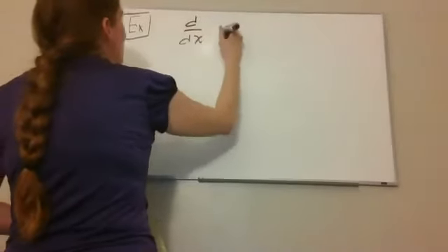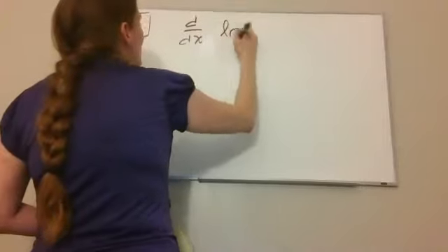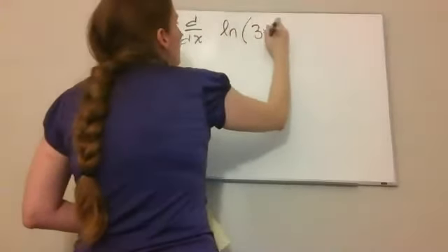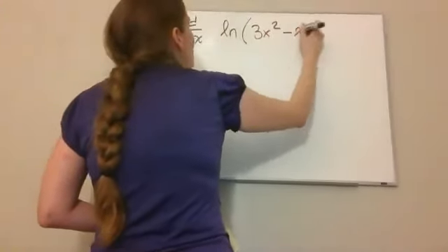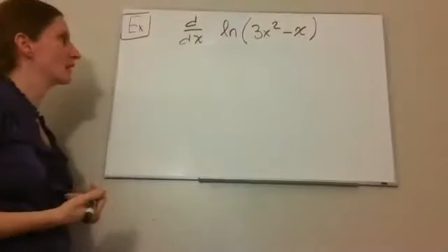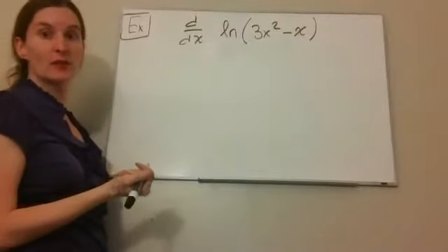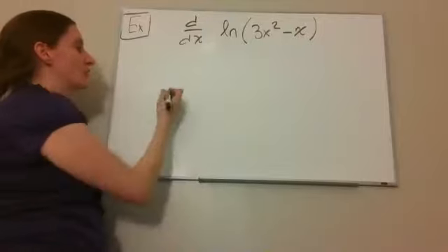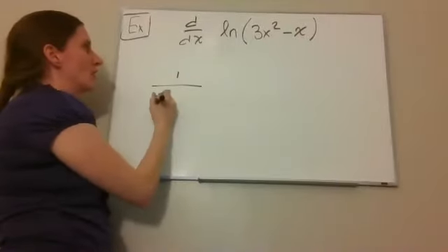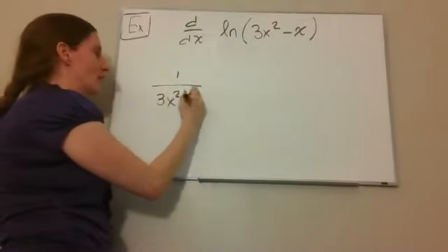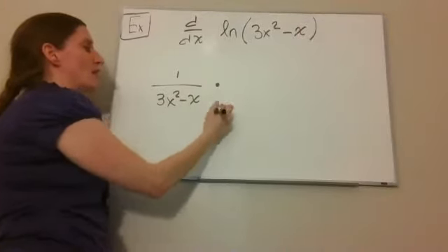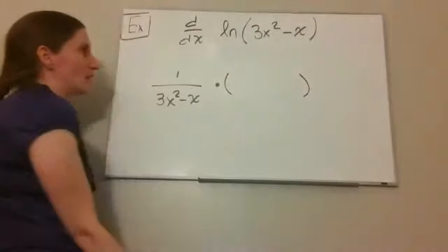Let's do a derivative of the natural log of 3x squared minus x. So again, this one's going to be a chain rule. I have to do 1 over the stuff in the parentheses times the derivative of the stuff in the parentheses.